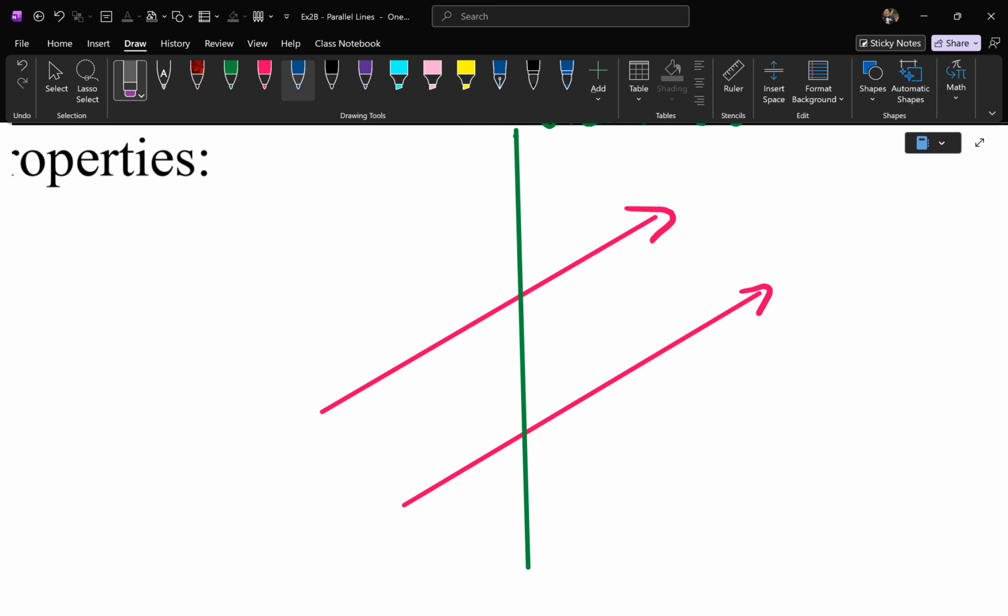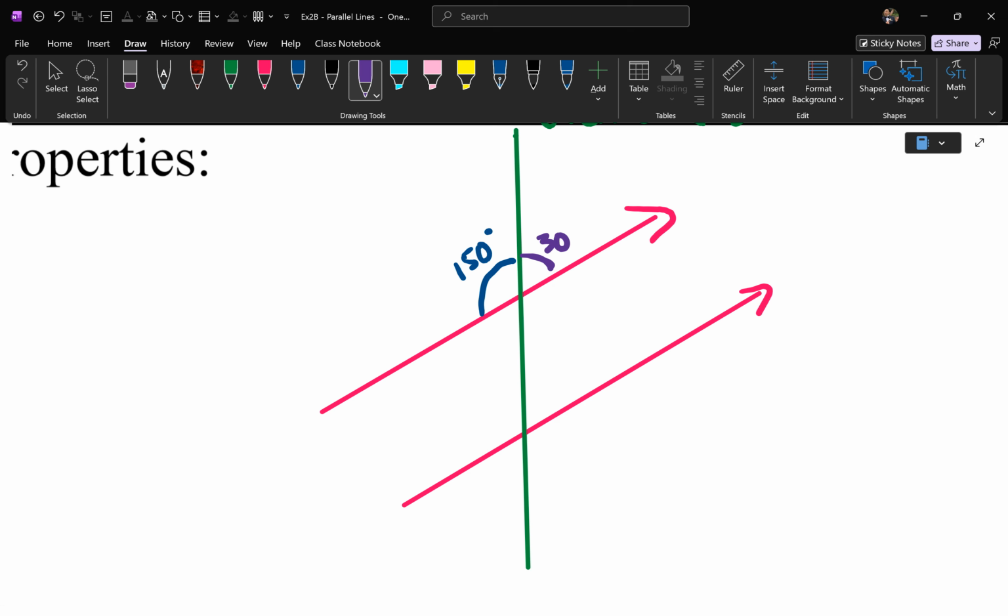Which is interesting because if I told you this was hypothetically 150 degrees, what would this little acute angle have to be? That little acute angle here, what would that have to be, Fraser? 30 degrees. And that's because 150 plus 30 has to add up to 180.